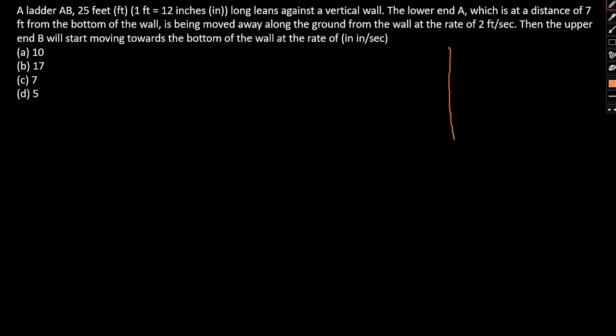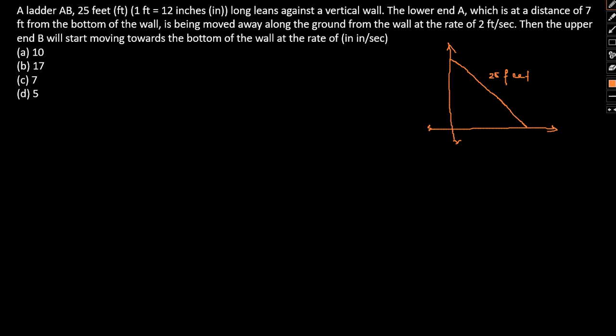Okay, so let's first try and basically draw the figure. Suppose this is my wall. Say this is my coordinate axis. Say this is my ladder, and this is 25 feet.